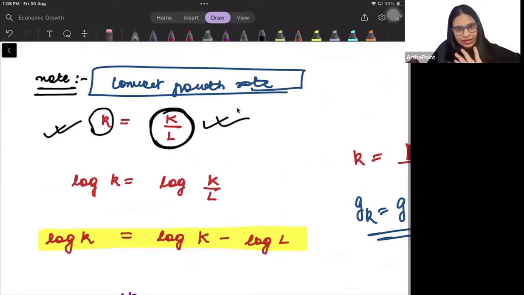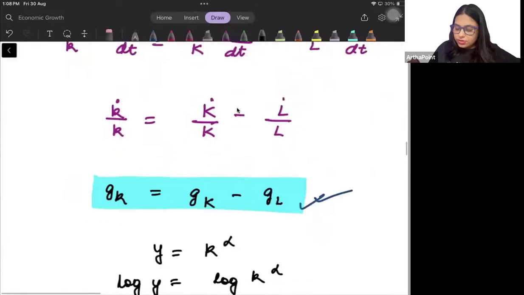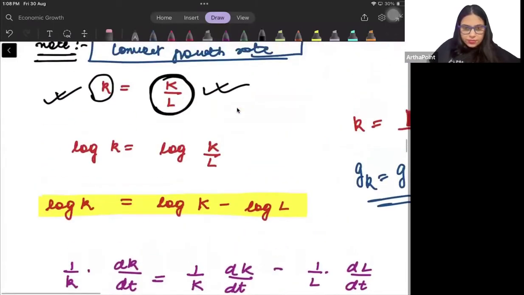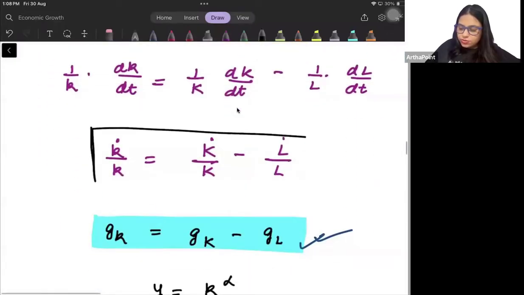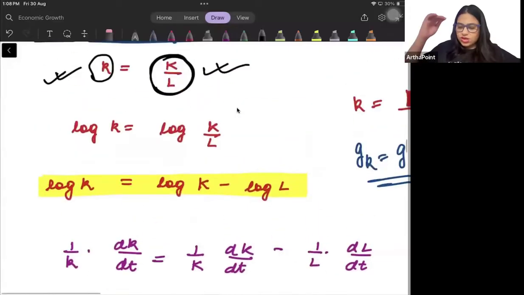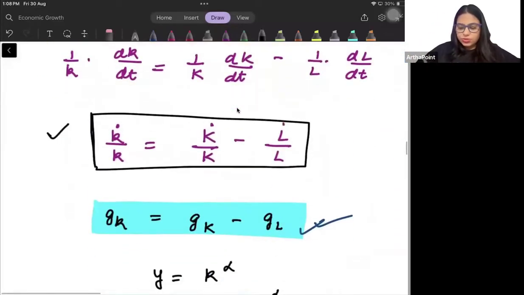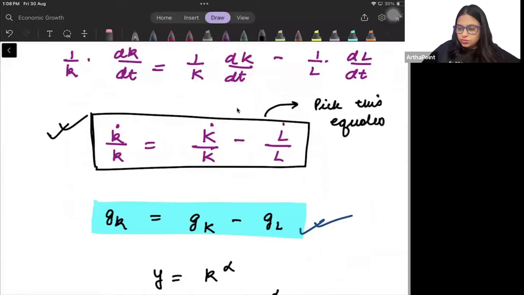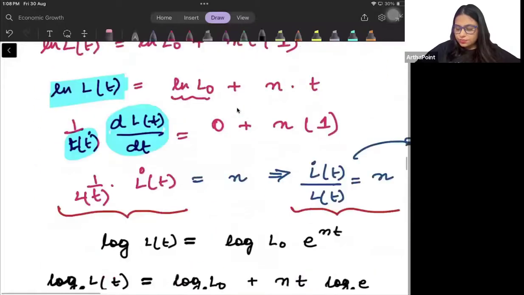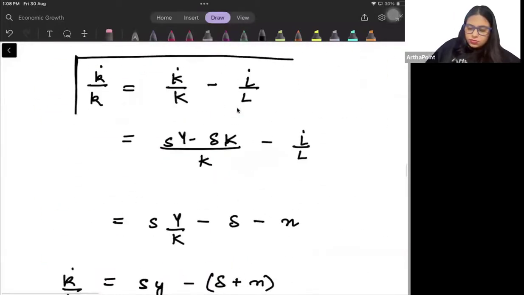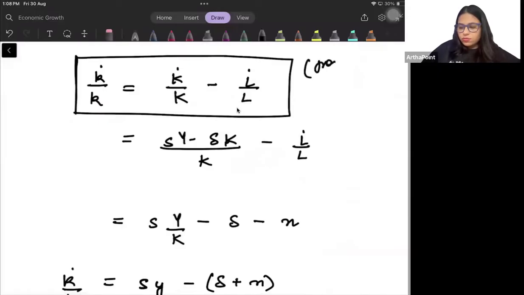Now when we tried solving this, I got this equation. Then by taking the log and solving it a bit, this equation came. So I am picking up this equation. This is coming from above.